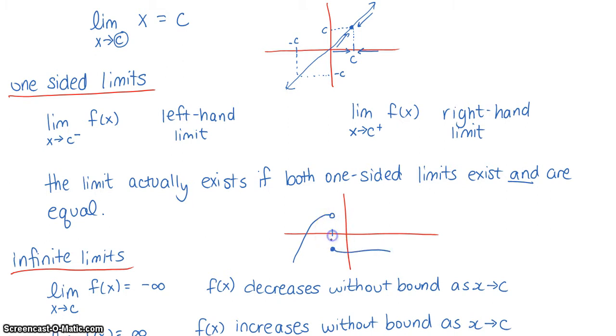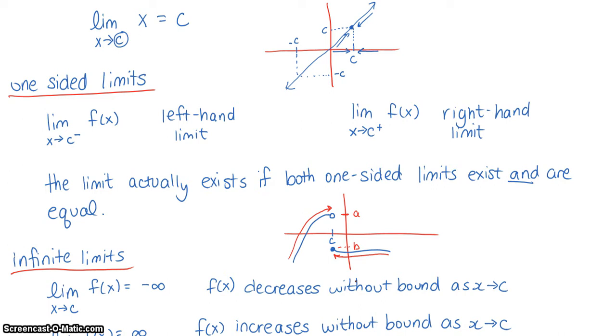My left-hand limit as I approach C will be coming from the left-hand side. What am I approaching as I get closer and closer to C? Well, let's call that point A. So in this particular case, the left-hand limit, coming from the left-hand side approaching C, we get an A value. Whereas a right-hand limit, coming from the positive side towards C, we're going to get whatever this value is down here at B.